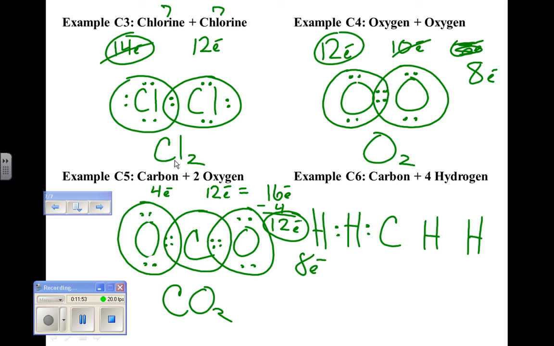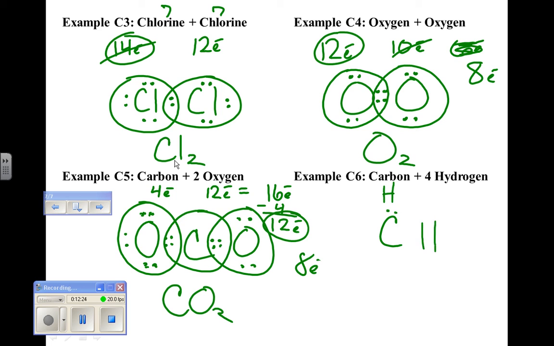Does anyone remember how carbon goes in the middle because it's by itself? Can anyone give me a solution to that dilemma, Brenda? You can. I can go like this. Look, guys. I am done. Everybody's happy.